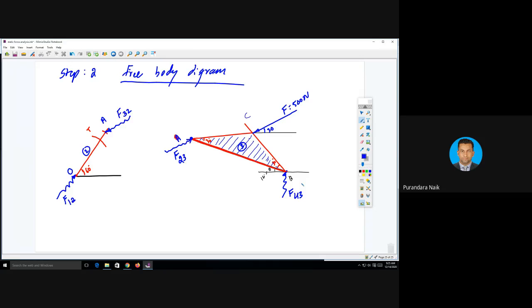Next, link number 4, the piston. Okay, this point is B, and this is link number 4. We have an upward force. One force is always upward.